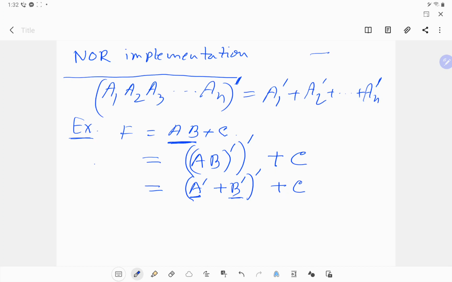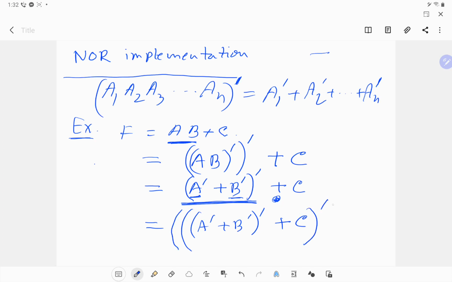Then we got that NOR implementation, and now what can we do? We actually have this OR operation. In order to make it NOR, we can add more complements, like (A prime plus B prime) prime plus C. So this is something that we already have. Now we want to add another complement, then after that, one more complement.